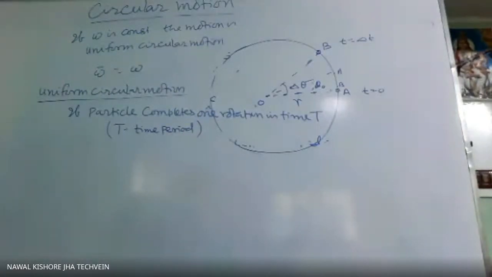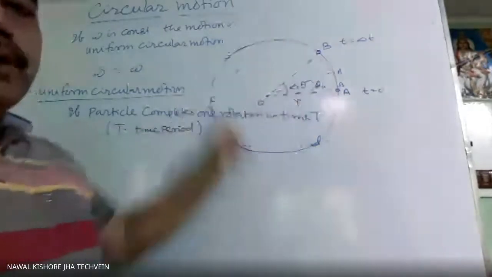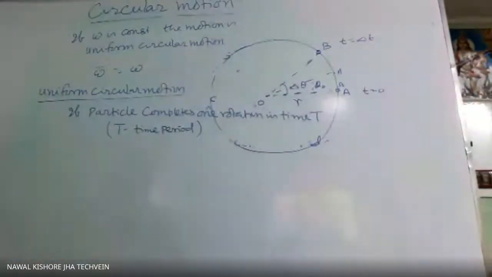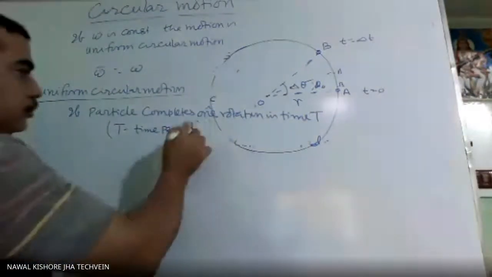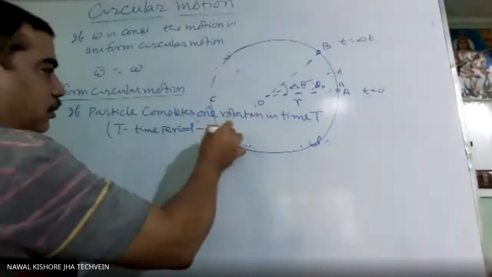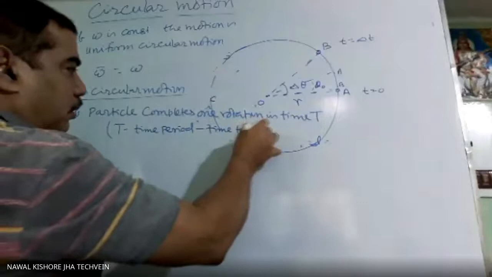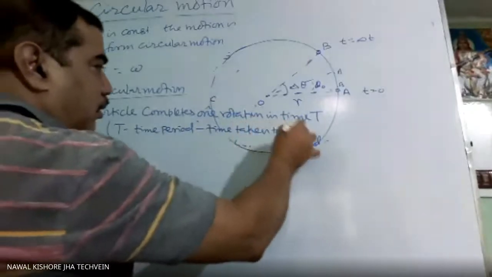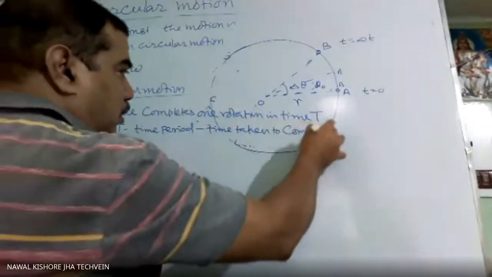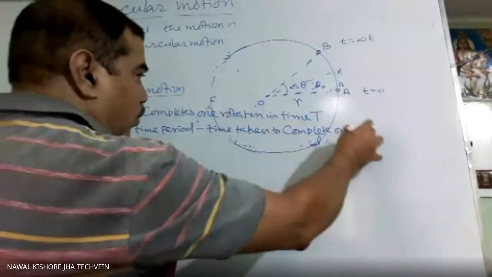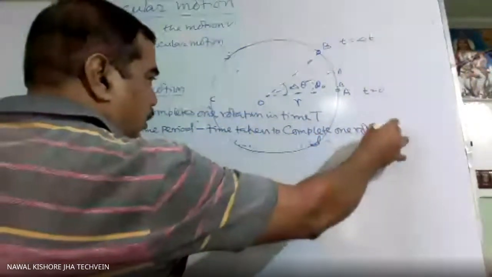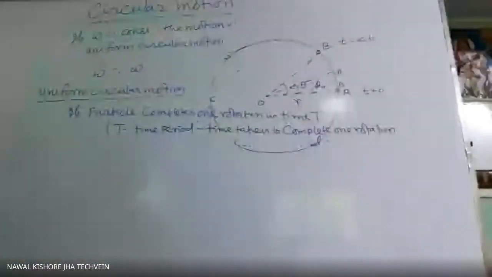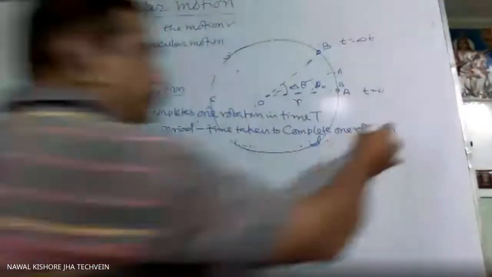Time period of a simple pendulum is different. Here, time period means time taken to complete one rotation or revolution, whatever you may say.